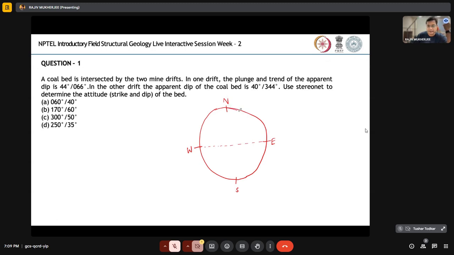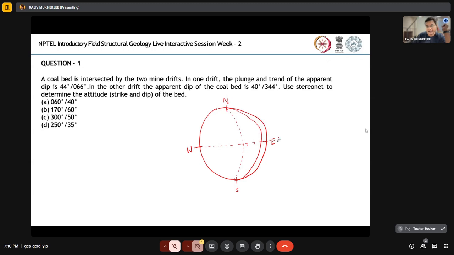So if this is 10 degrees, I assume that this much amount is 10 degrees. Then 20, 30, 40. So near about this much amount. So this will be the plunge amount, and there is a direction. 066 means it is somewhere.